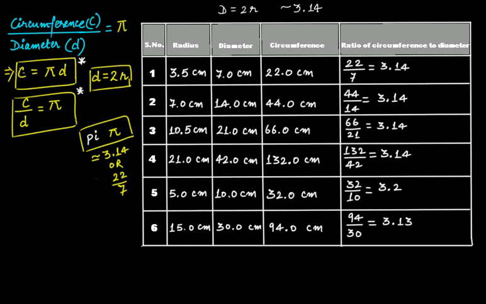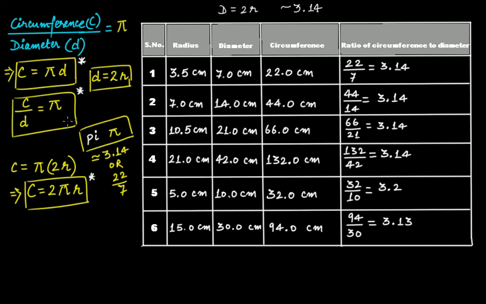So if you look at this formula, then C comes as pi and D is 2 times of R, right? Radius. So this gives you C is equal to 2 times pi and radius. So this is another formula. C is equal to pi D, C over D is equal to pi, same thing, and from this we can derive C is equal to 2 pi R, right?